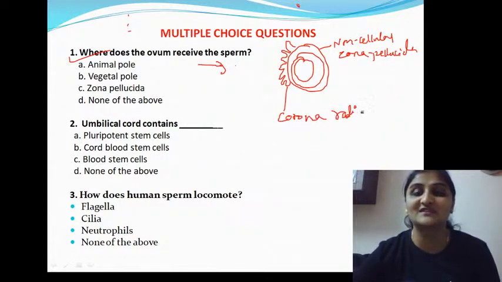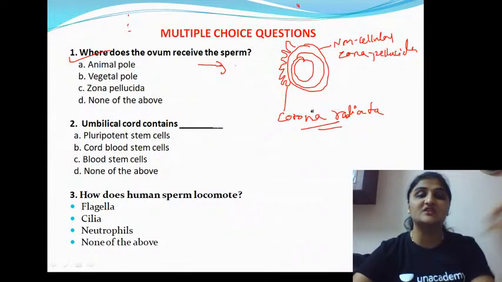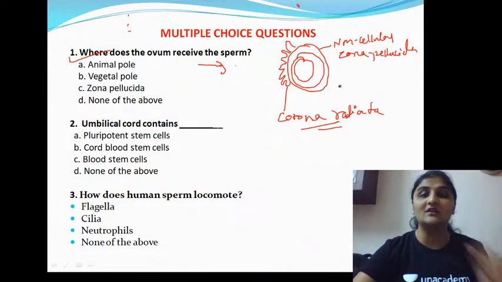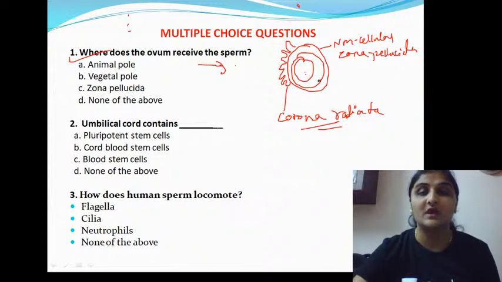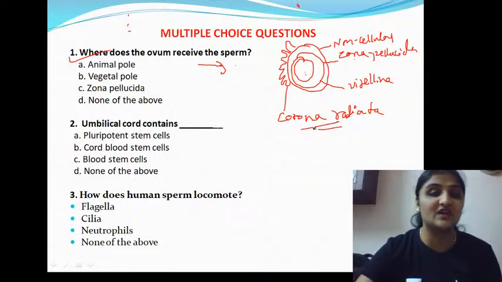Corona is very famous right now, I can understand, but the name is corona radiata. This is like radiations coming out from the surface of the outer layer. So the inner one is the matured egg, that is the ovum. Outside that we have the vitelline membrane, then the zona pellucida, and after the zona pellucida we have the corona radiata.